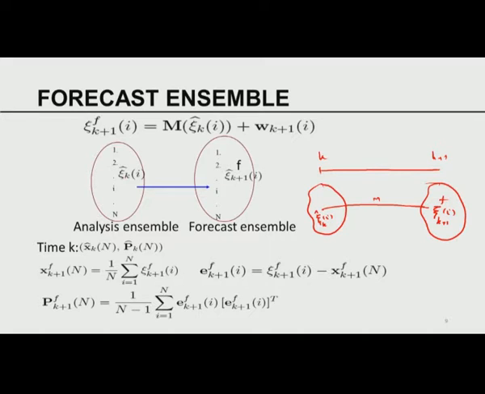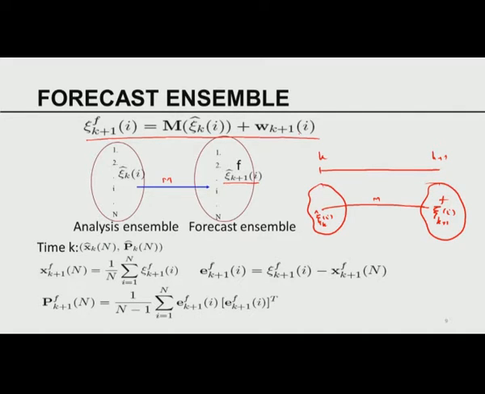The ith member of the forecast ensemble at time k plus 1 is obtained by taking the ith member of the analysis ensemble, running it through the model M, plus adding a noise.